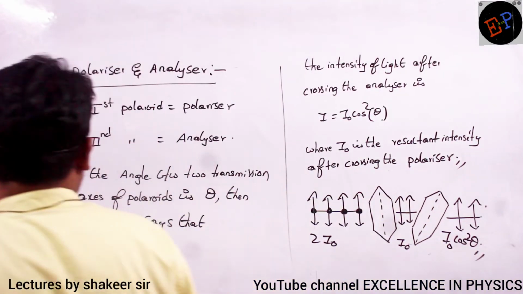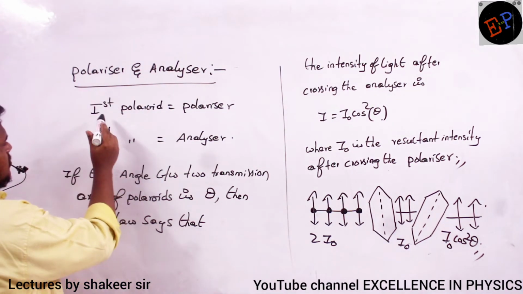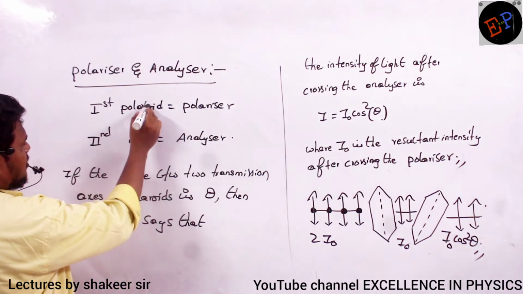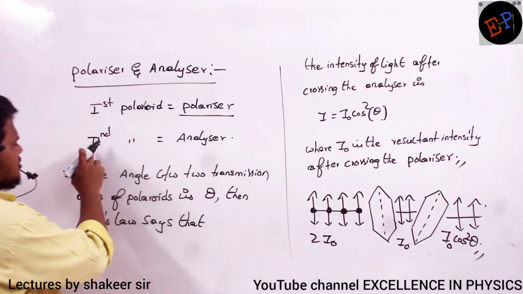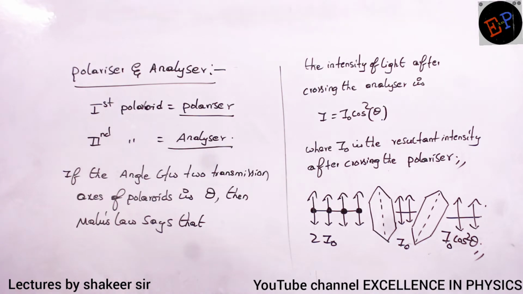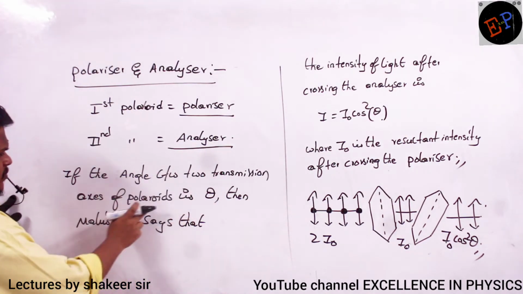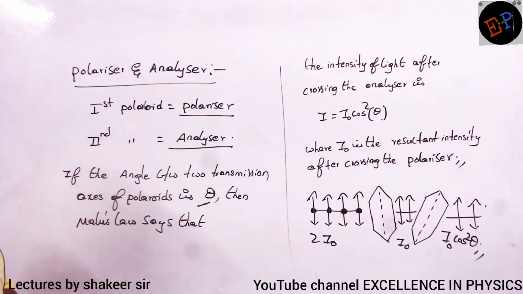Listen. If I take 2 Polaroids, the first Polaroid is called the polarizer, and the second is called the analyzer. These are the names which we are giving. Are you able to understand? So the angle between the 2 transmission axes of the Polaroids is theta. What is meant by transmission axis?